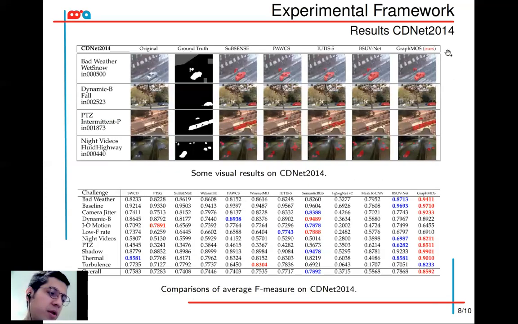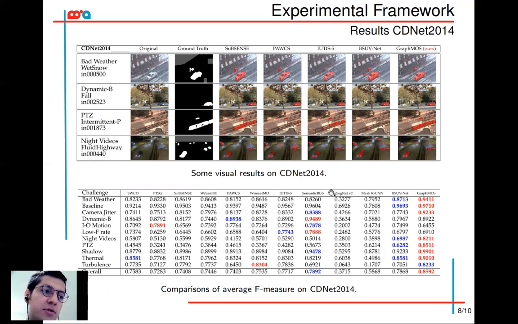These are some visual results. Here we have GraphMOS, that's our algorithm. Here we have a deep learning method, and here we have unsupervised methods. Here we have some numerical results.